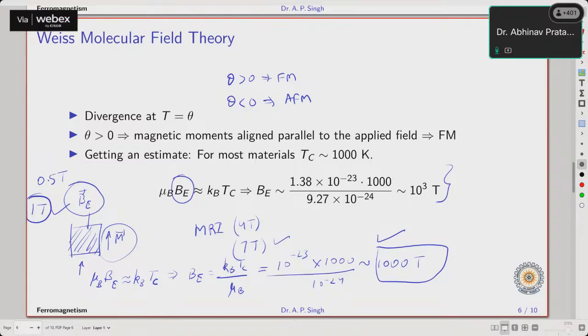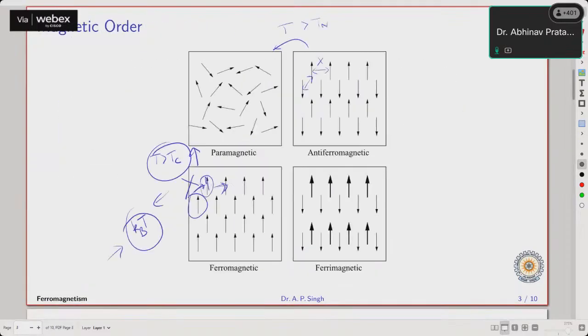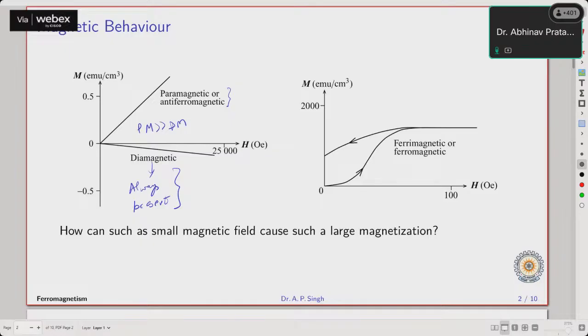And therefore, because of this very strong magnetic field, let us go back to this. What happens is that internally itself, the magnetic field B_E was very strong, right? And now what you have done is you have applied, let us say, an external magnetic field also, H or B, whatever you want to call it.